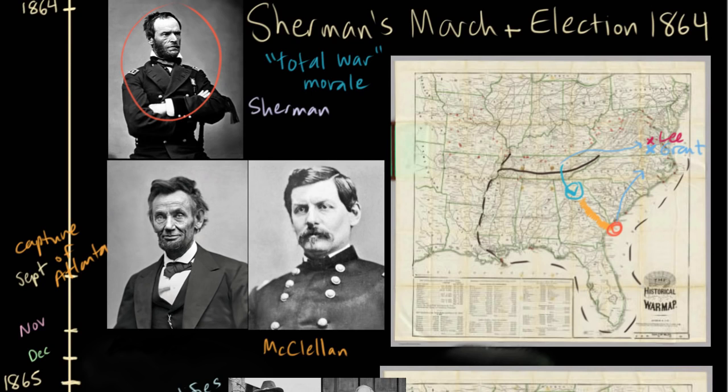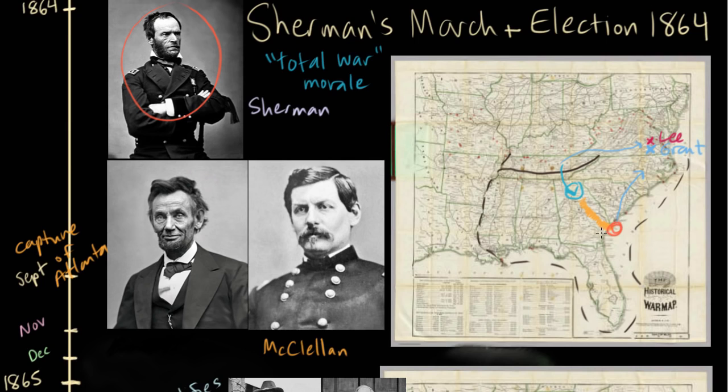So in the last video, we talked about the year 1864 in the American Civil War, and now we're getting down to the very end of the war. In 1864, William Tecumseh Sherman had his famous March to the Sea, where he captured Atlanta and then carried on a total war through the state of Georgia to Savannah.